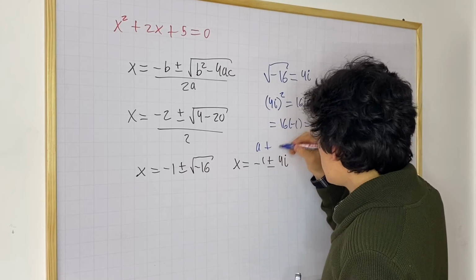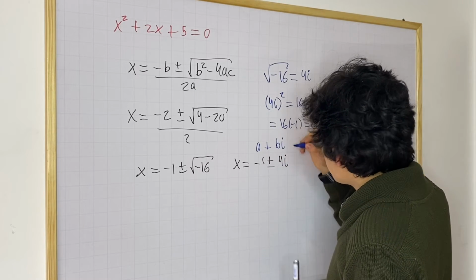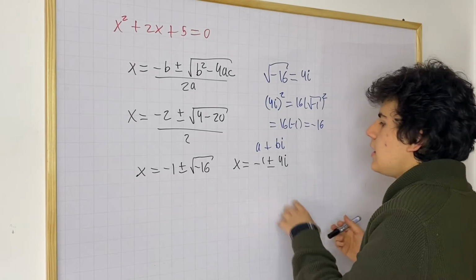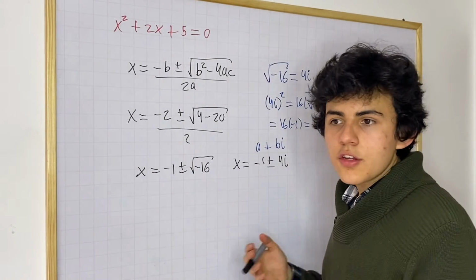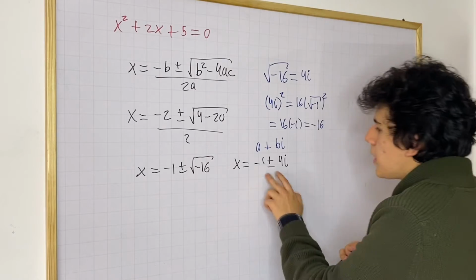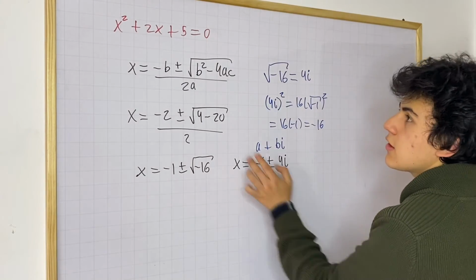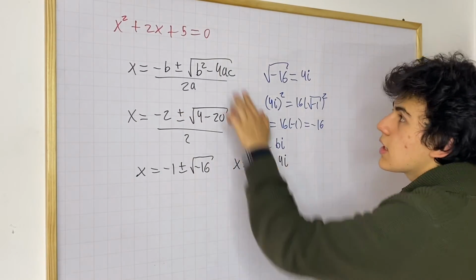And now this is in the form a plus or minus bi, okay? And this satisfies the complex conjugate root theorem, because if we plug this value into the equation, we would get 0.